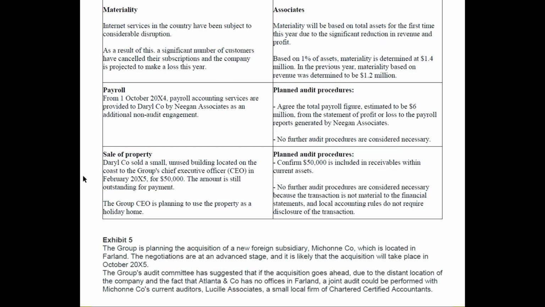Let us come back to the case. Now we were told that this transaction was for $50,000, right? Now see, if there is a sale of property, there should have been some documents, some agreement between the CEO and the company for the sale of property, so that this property can be transferred in the name of the CEO later.